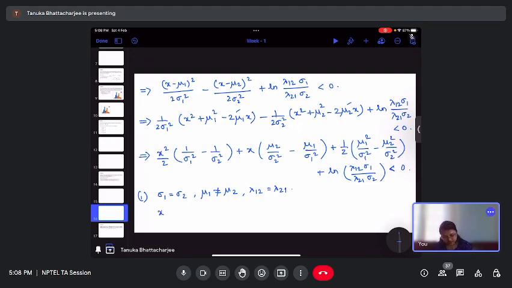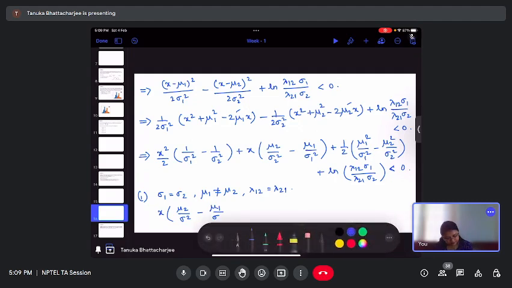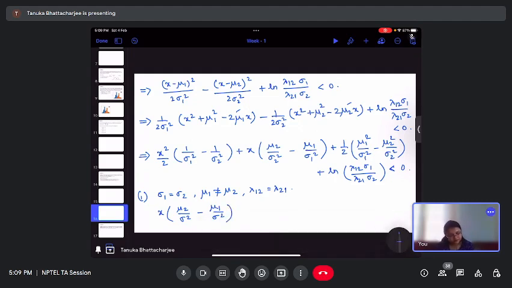So you just have x into mu 2 by sigma square minus mu 1 by sigma square, where I am denoting the common variance as sigma square, plus half of mu 1 square by sigma square minus mu 2 square by sigma square.